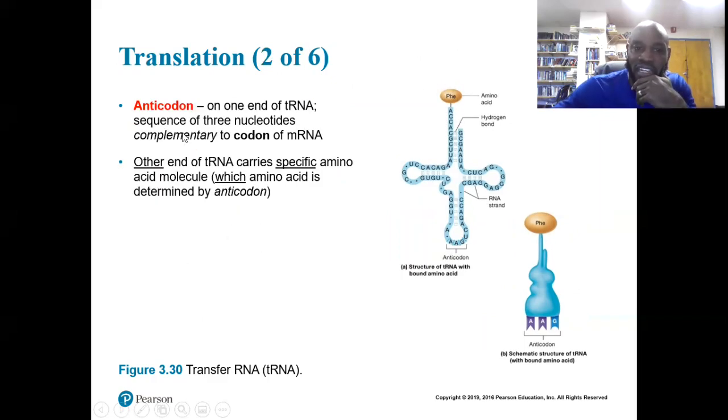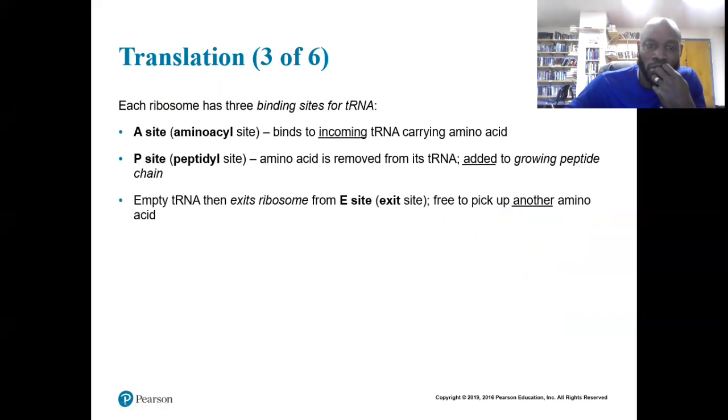So we have the anticodon on one end of the tRNA and the amino acid on the other end. The anticodon pairs with the codon on a triplet of the mRNA. All right, so we're just basically going down the code.